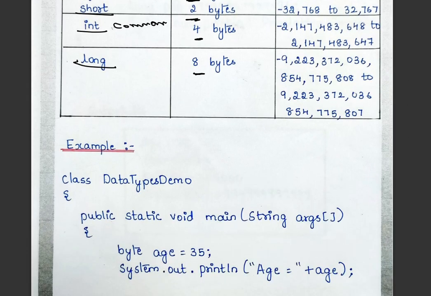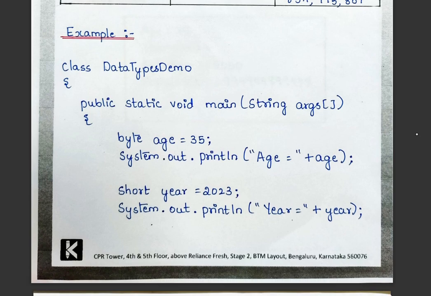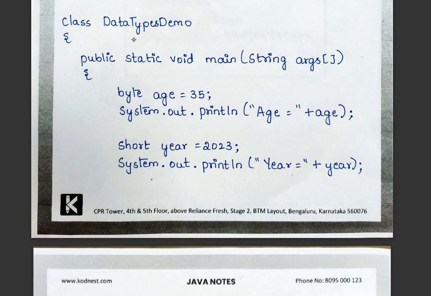Next, here is a Java program regarding this. We need to define a class, and public static void main, as I have said. Public is an access modifier, static is used so it can be called without an object, void means it doesn't return anything, and main is a method.